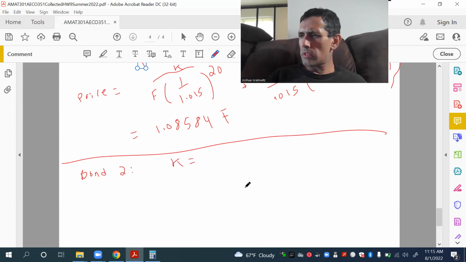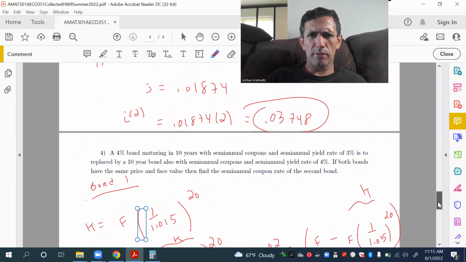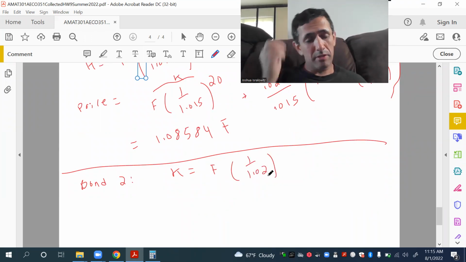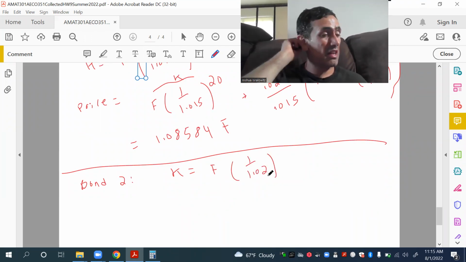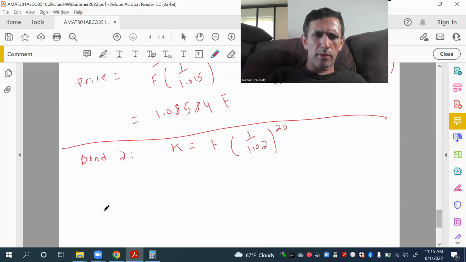Okay, so for bond 2, K is going to be, well, it's the same thing, except the yield rate is 4%, so divide by 2. I probably should be a little more clear that it's a nominal yield rate, but anyway. Okay, so again, the price.